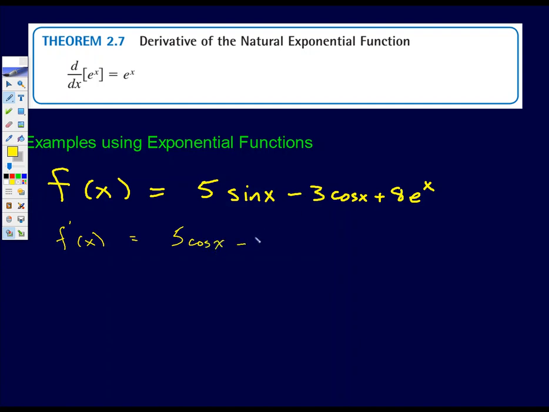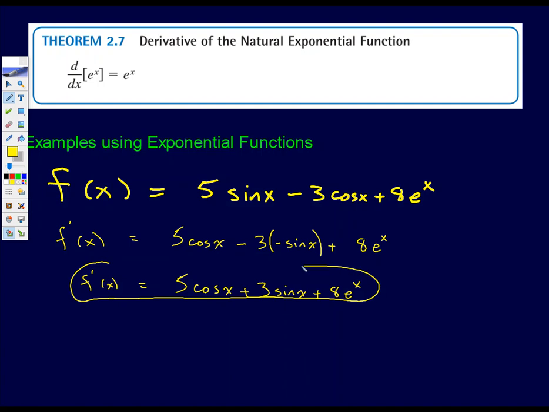Now be careful, I've got minus 3, but the derivative of cosine is negative sine x. And this is my favorite one, the derivative of 8 e to the x will be 8 times the derivative of e to the x, but that is just itself. So the only thing to be careful of here is this double negative. So my final derivative expression will be 5 cosine x plus 3 sine x plus 8 e to the x. That is the derivative of my given function.